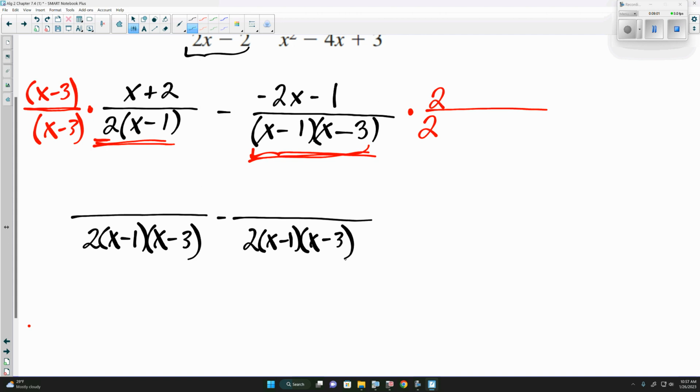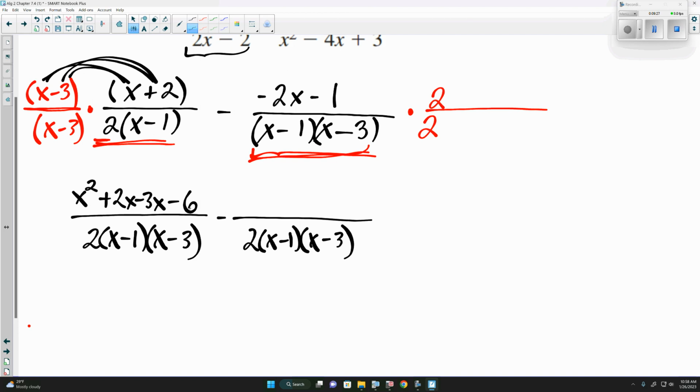Now the numerators. Now we're going to have to multiply these out. So for the one on the left, we're going to go on and do x times x is x squared. X times 2 is going to be plus 2x. Negative 3 times x is negative 3x. And lastly, negative 3 times 2 is negative 6.